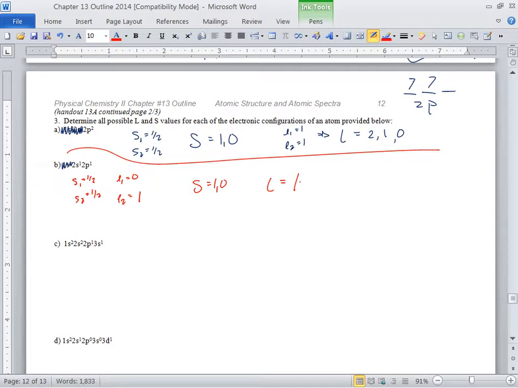For D, do we have to worry about the 2, 3, 0? There's no electron there, so there's nothing to couple. A lot of times those things aren't even written. They're just there to show you that they're empty.